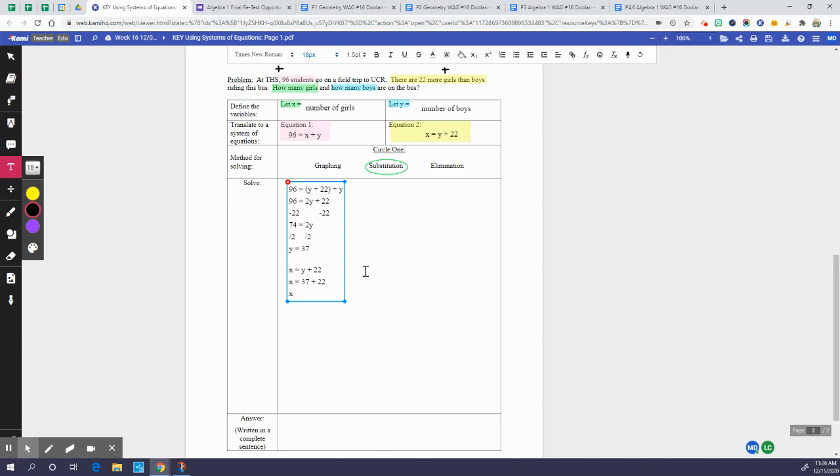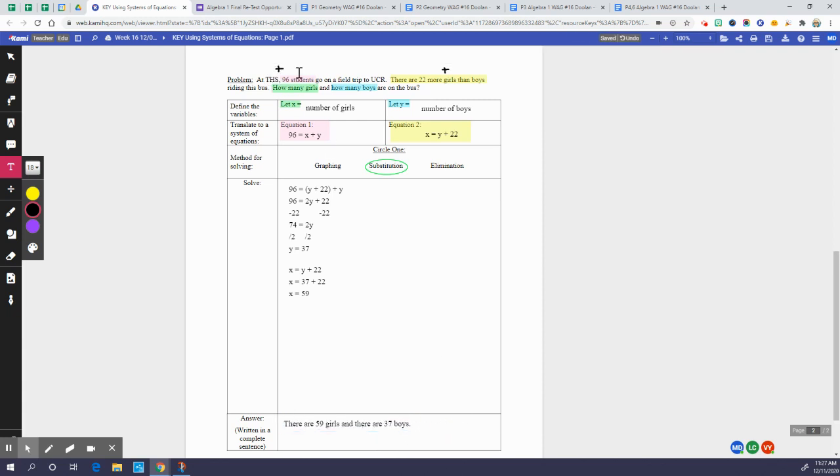So x is equal to 37 plus 22, which is 59. So I know there's 59 girls. So my answer written as a complete sentence: there are 59 girls and there are 37 boys.